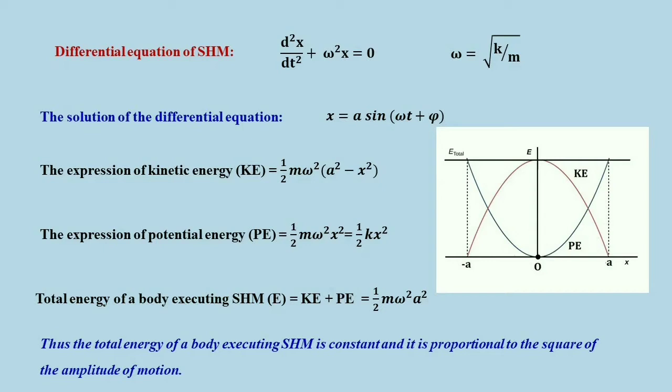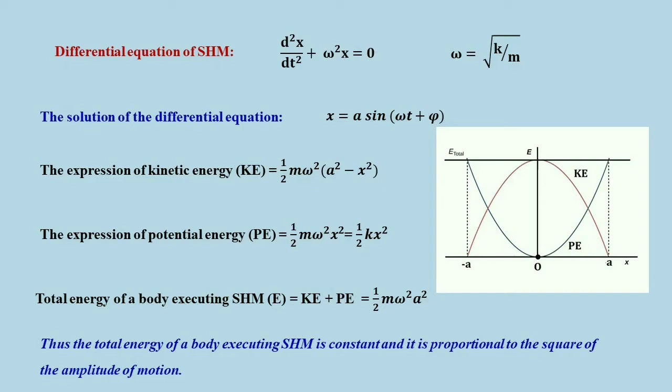Now look here, the kinetic energy is maximum at x equal to 0. In the right hand portion you can see the graph. The graph marked in red gives the kinetic energy with respect to the position x. At x equal to plus minus a it is 0, and at x equal to 0, that is at the equilibrium position of motion, the kinetic energy is maximum.